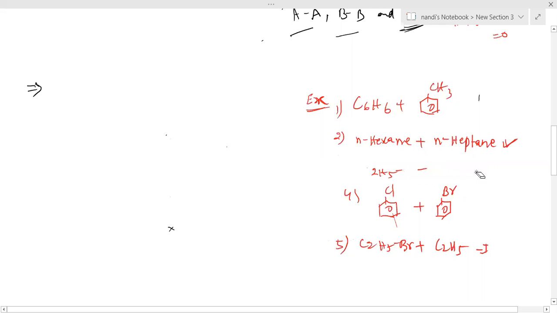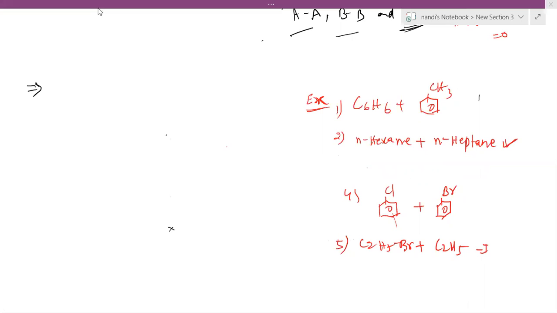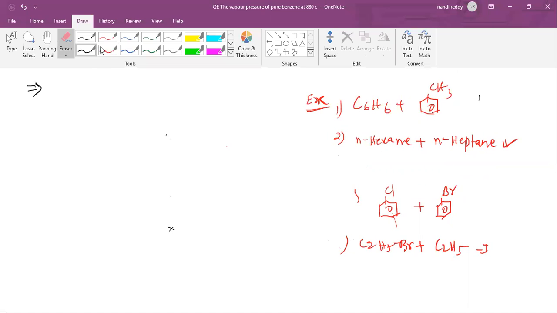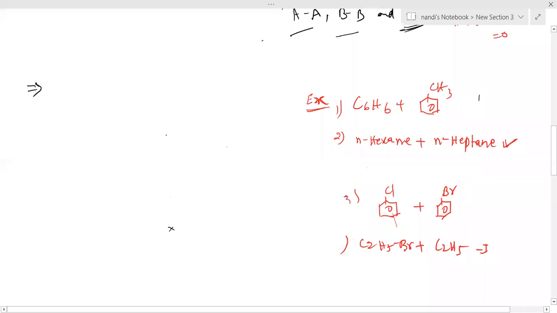Please note them down. They are from your NCERT only. Write the numbering properly. These are from the NCERT book, so check your NCERT book. So these can form ideal solutions.